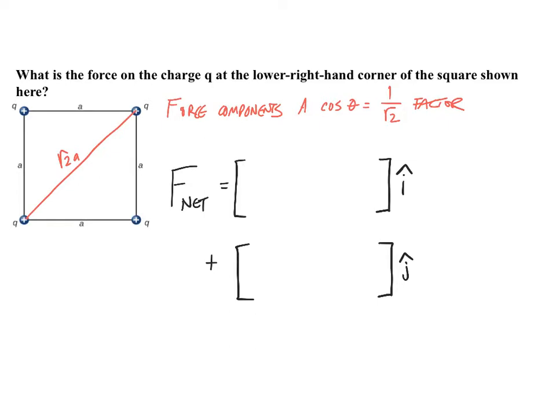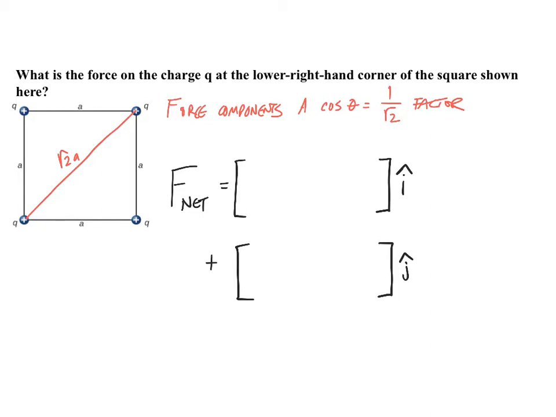I know in advance that I'm going to get something associated with that X direction, or I hat, and something associated with the Y direction, or that J hat. So again, this is the setup, because the math that's about to go in these boxes is not that hard, but what should you expect?